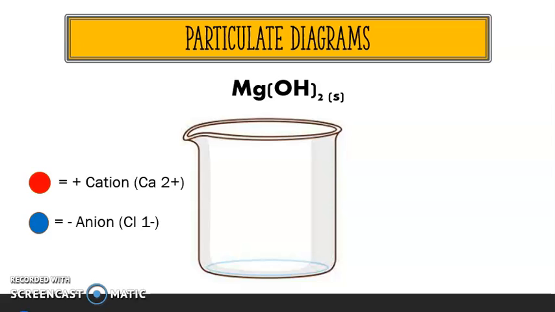Here is Mg(OH)2. In this case, let's pretend that red still represents my cation and blue still represents my anion. Before we would put this into the beaker, of course, Mg(OH)2 would start its life as a solid. According to the solubility rules, we predict that Mg(OH)2 should have a solid state symbol. So when we throw it into the water, it really doesn't matter what we do.